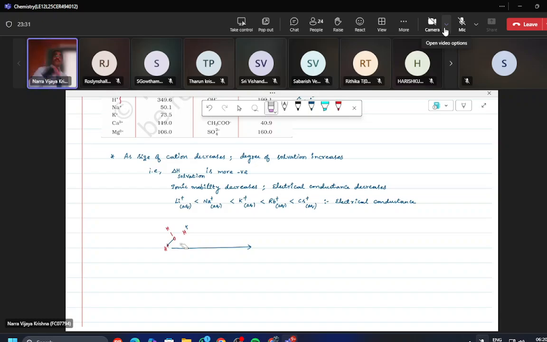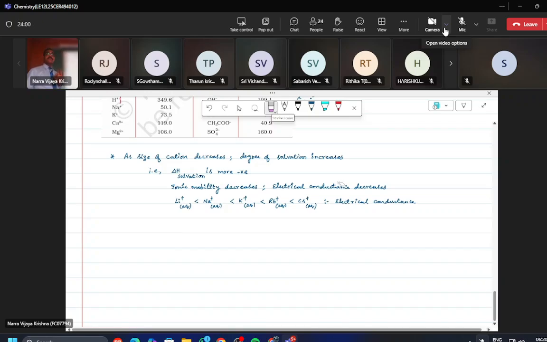So instead of the H plus ion moving, the H plus ion will create another H plus in the next position, and that will create another H plus in the next position. So indirectly, it is moving. We call that effect the Grotthuss effect. So due to that Grotthuss effect, the conductance of H plus is higher than expected.